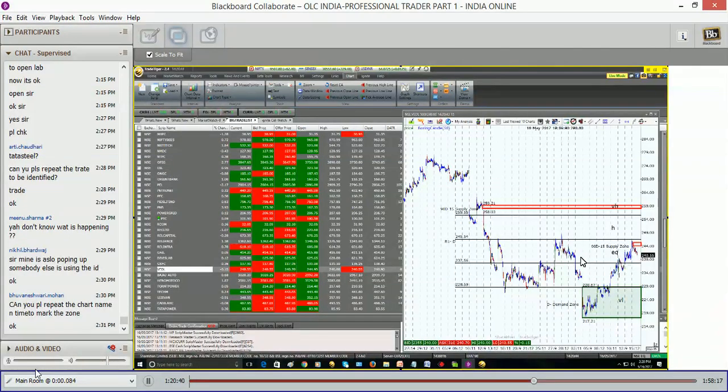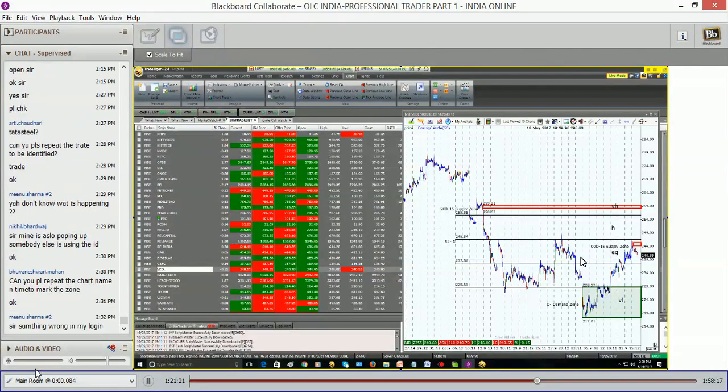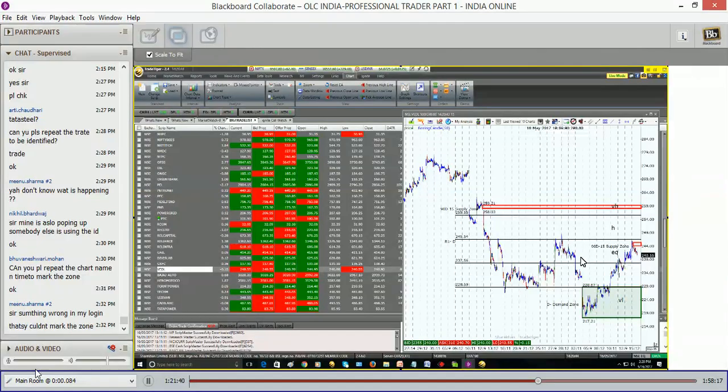Yeah, okay. VEDL, yes, you're Meenu. Now just mark the location first. So something wrong in my login. Okay, now it's logged in, no? We are having a look.